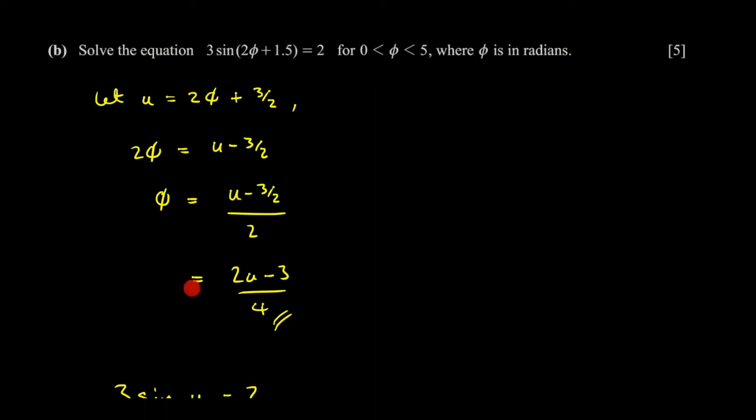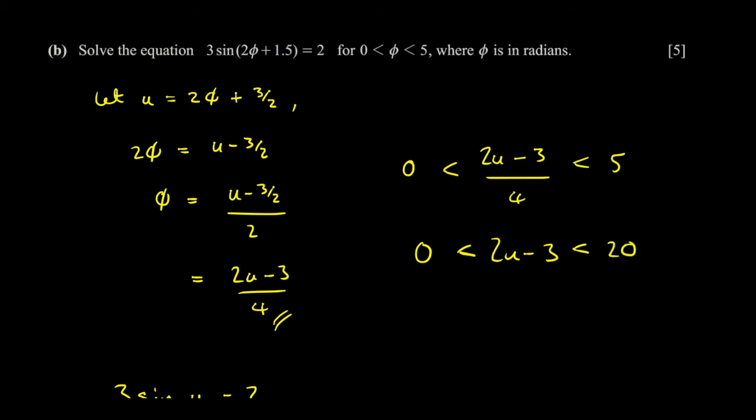Well, what is phi? Phi is this thing here, isn't it? So we now know that we actually want (2u minus 3)/4 to be between 0 and 5. So if I multiply everything through by 4, that means that 2u minus 3 must be between 0 and 20.